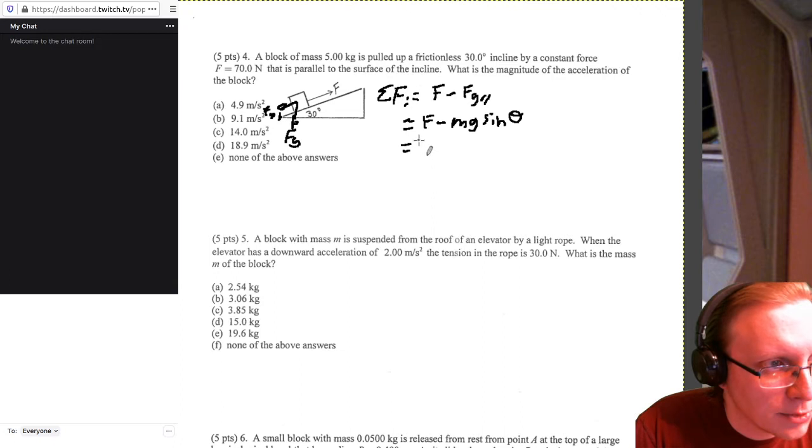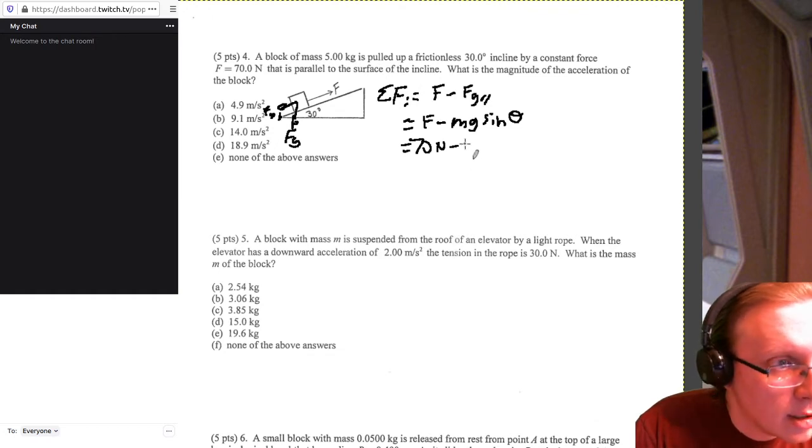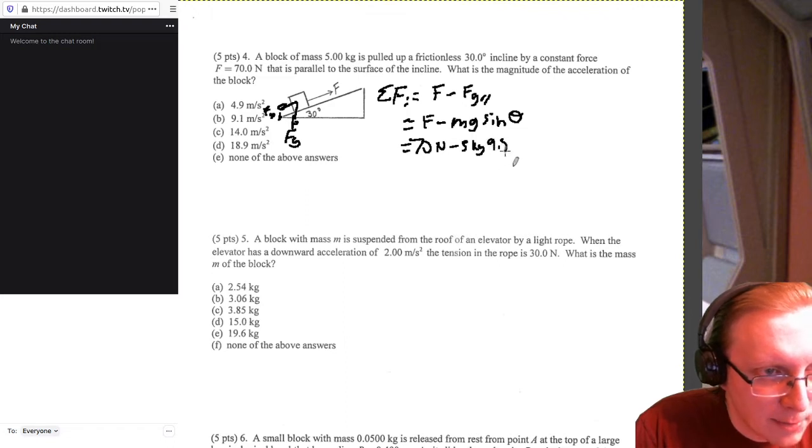And so then we end up with 70 newtons minus m, 5 kilos, times 9.8 meters per second squared, times sine of 30 degrees.